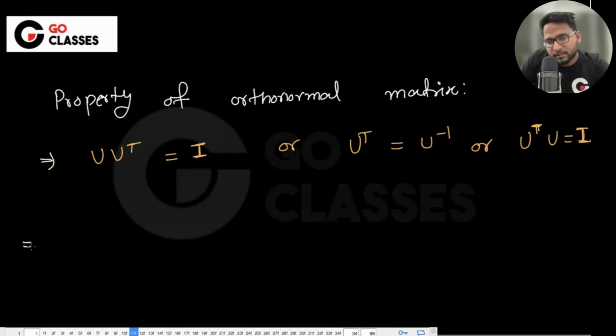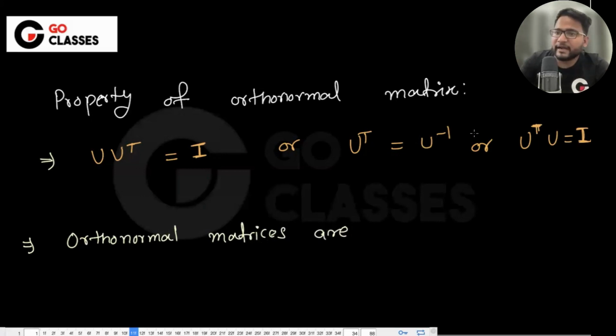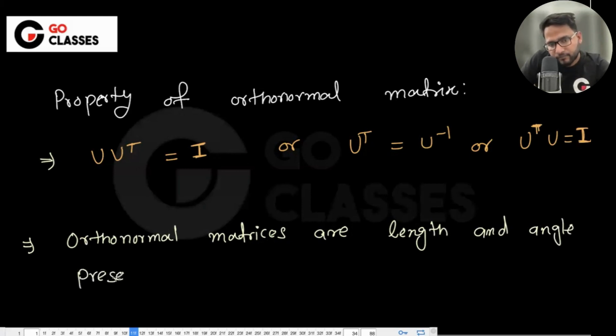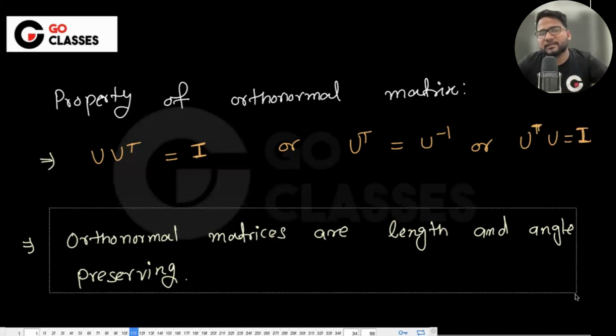The property says that orthonormal matrices are length and angle preserving. What do I mean by that? Let me just tell you, and we will prove it. Orthonormal matrices are length and angle preserving.